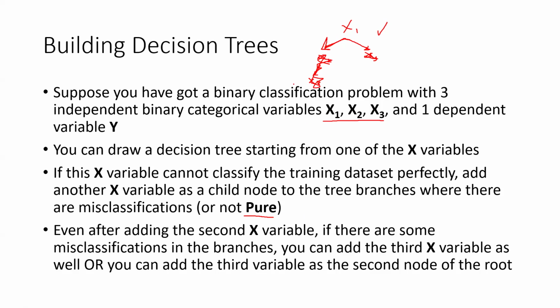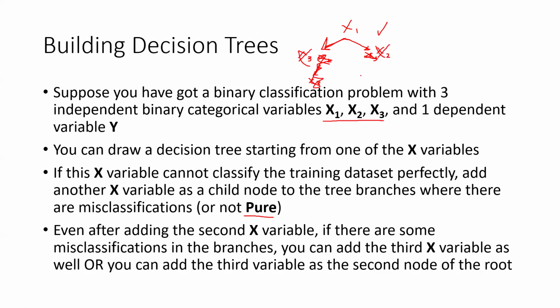So you add new variables to your decision tree only when there are impurities in this particular node. If this node is 100% pure, or there are no impurities, then you don't have to add any of these new variables.